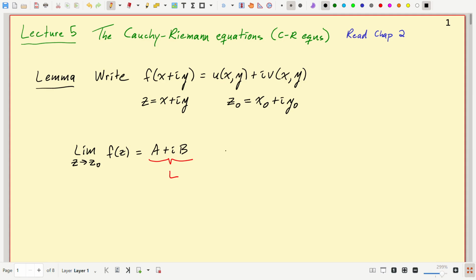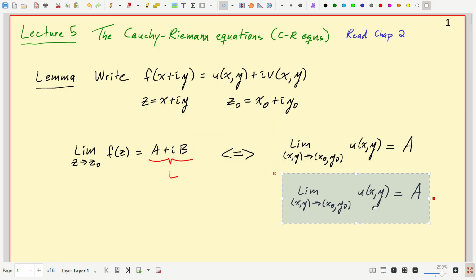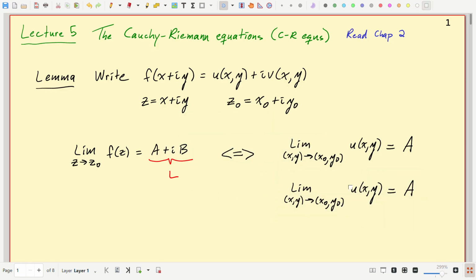This complex limit exists if and only if the two limits in R2, the limit as xy tends to x naught y naught of u of xy equals a, and the same thing for v, is equal to the other component, b.